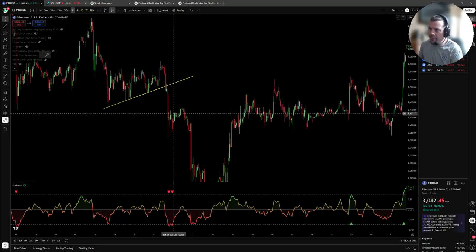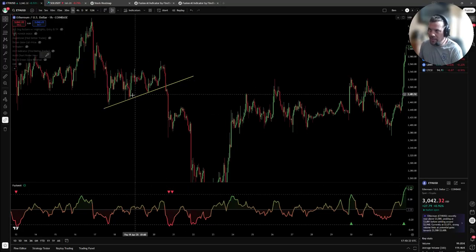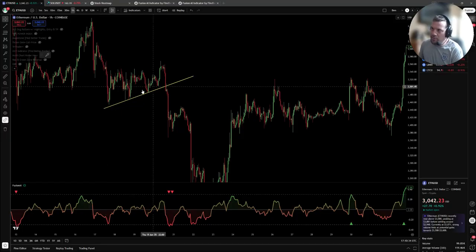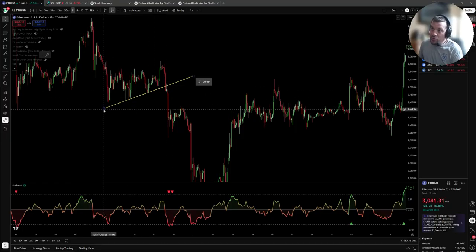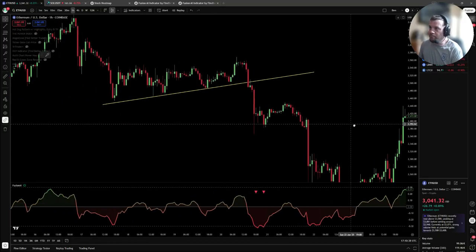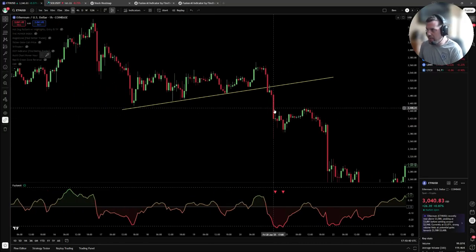This is all the way up here on the hourly chart, but this was another indication. See this big breakout to the downside, right? You could draw this little trend line right here, and there was a big breakout, and then it went sideways. But you could see how the score just dropped like a rock all the way down here.